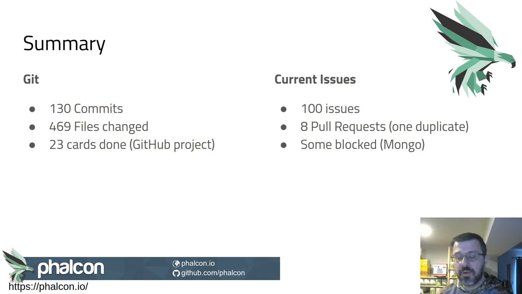The problem, though, and I've mentioned this before in a previous Hangout, is that some of the stuff that has been implemented requires the BSON object from Mongo, and here lies the problem.